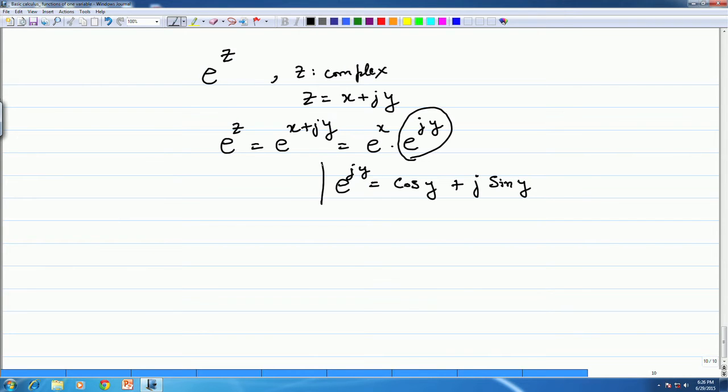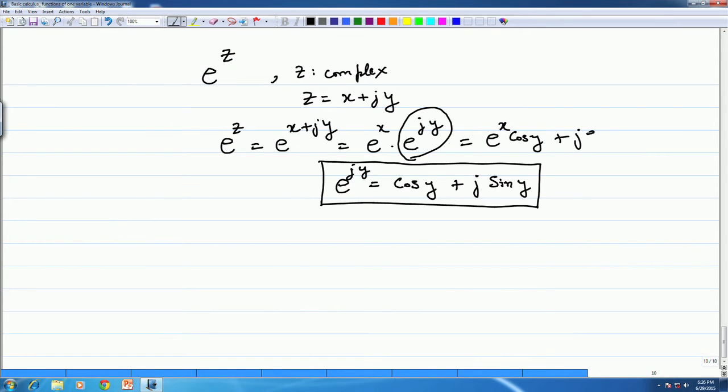Okay, so, this is a very important identity that you should know as part of this course. E power j y is cos y plus j sin y. So, once you write that out, this simply becomes e power x cos y plus j e power x sin y. Okay, so, this is the definition of the complex exponential.